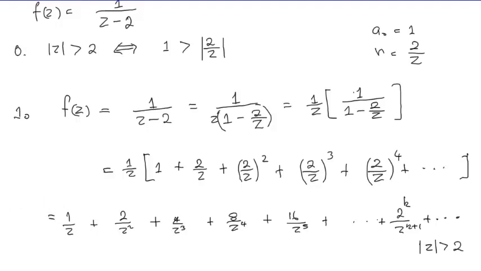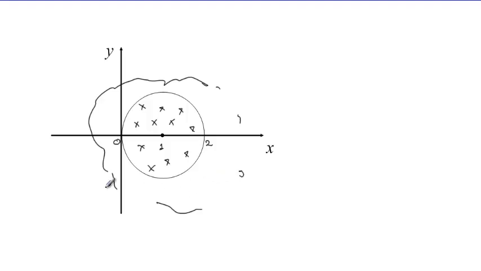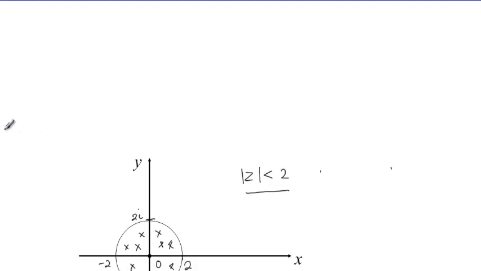Okay, so now we can also represent this type of region of convergence, just like we did before. You can look at this region. In that case, the region of convergence is outside the circle centered at the origin.